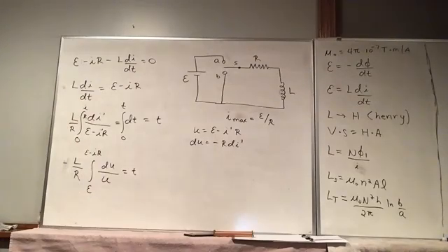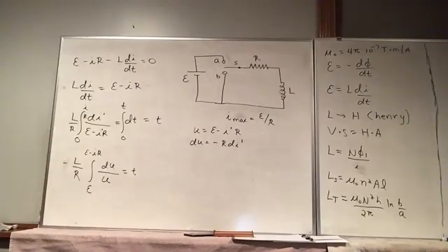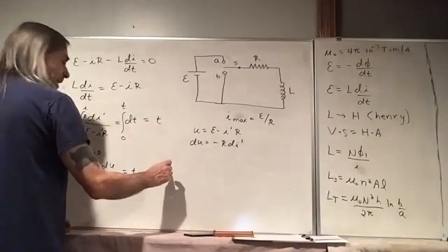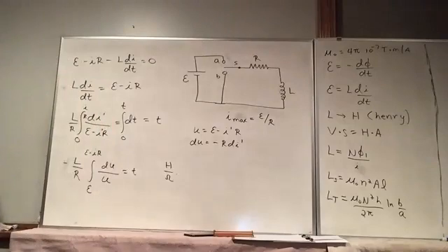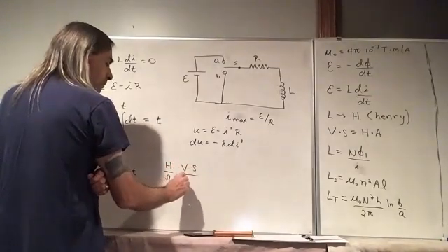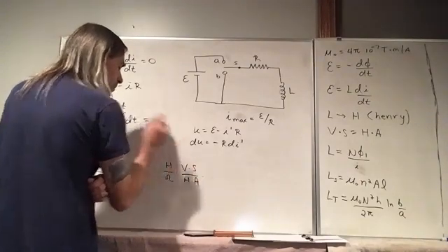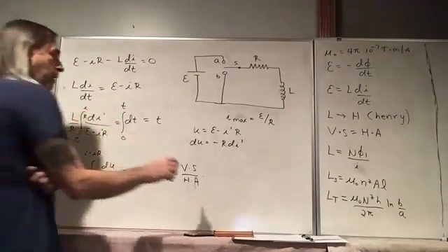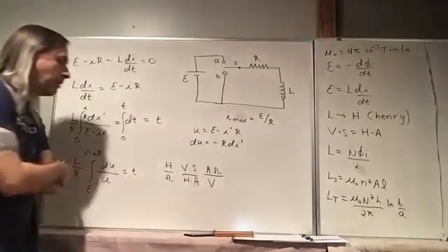Let's pause this for a moment and look at L over R. Let's look at the units. We have henries over ohms. So we know a volt times a second is a henry times an amp, and a volt is an amp times an ohm.